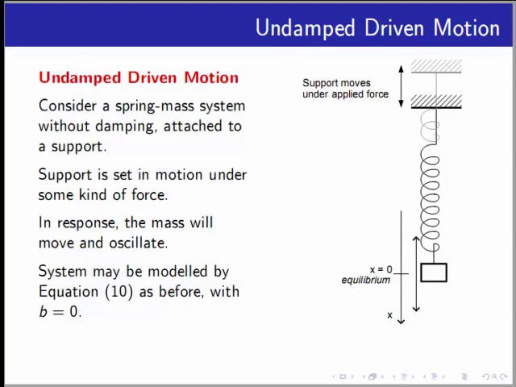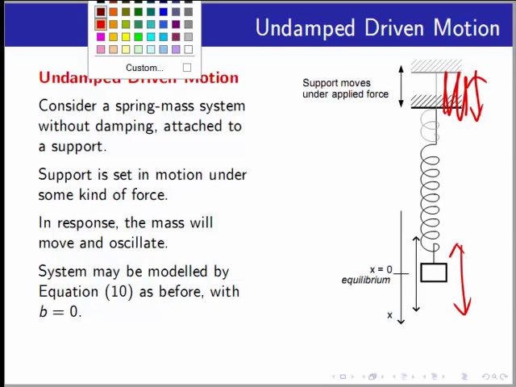Now we look at another section called the undamped driven motion. In this case, we consider a spring mass system without damping. That means b equals 0. So here the support still moves under some kind of applied force, and the mass will move up and down as well.